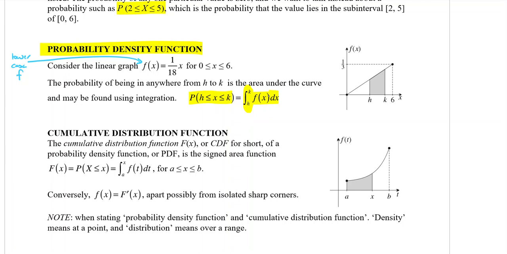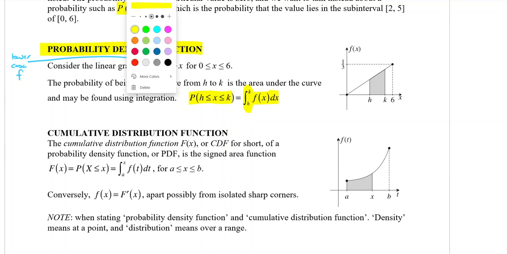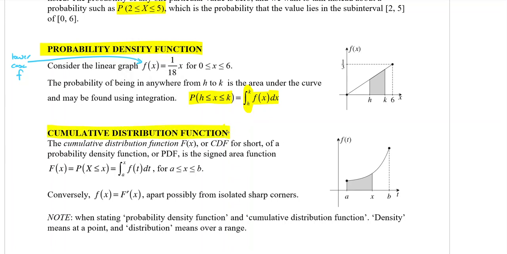Next is the cumulative distribution function. Cumulative, just like in our histograms, means it's adding up as it goes along. The cumulative distribution function uses the capital F of x.